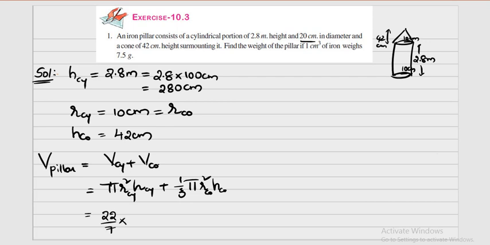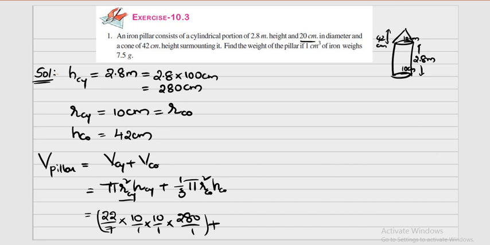So 22/7 into the radius of the cylinder. What is the radius of the cylinder? It is 10/1 into 10/1 into the height of the cylinder, which is 280/1, plus. In these problems, substitution and simplification are the two important things.